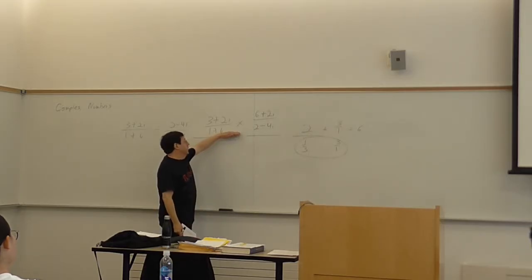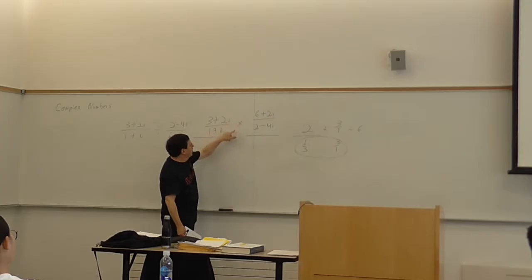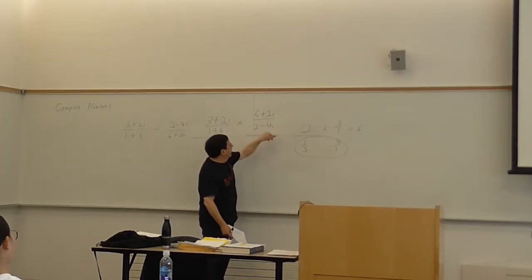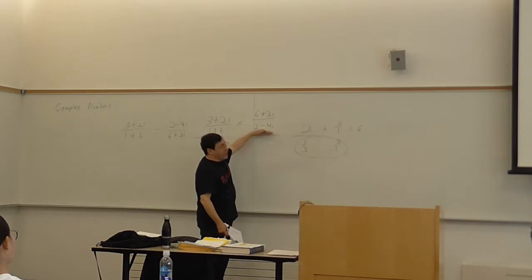What I would need to do to finish this is move this out of the denominator, multiply by 1 minus i over 1 minus i, and the same here, 2 plus 4i over 2 plus 4i. And then I'll just have real numbers on the bottom and something very complex on the top.